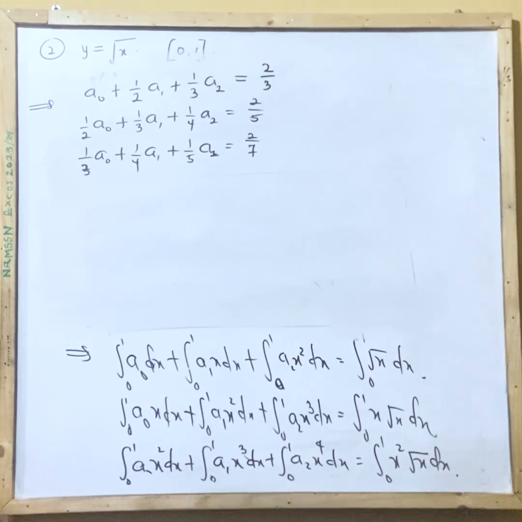So using any of the methods we were taught, we can use the Gaussian elimination method, you can use the Gauss-Jordan, you can use the LU, you can use the matrix inversion. So whichever method you want to use, you use.